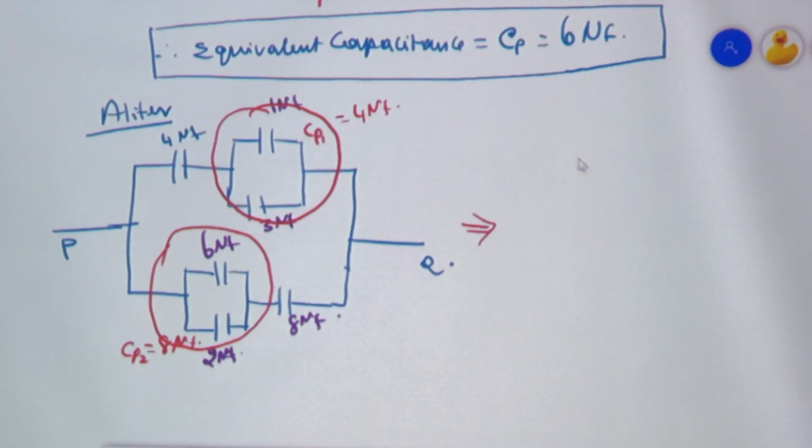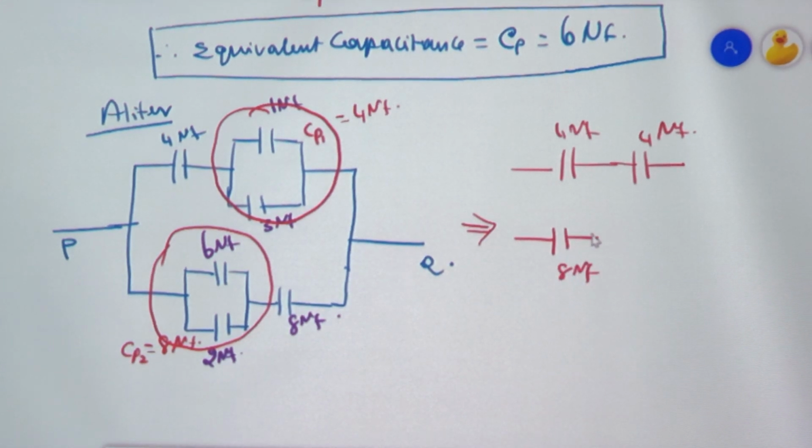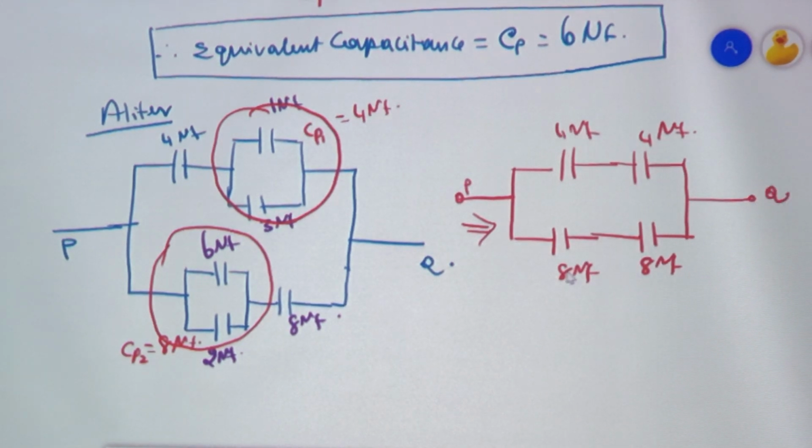So how to simplify now? You have 4 microfarad, then the simplified value of that capacitance, another 4 microfarad. Then here you have 8 microfarad, and here the given value 8 microfarad. These 2 are connected. Here you have P, and here you have Q.